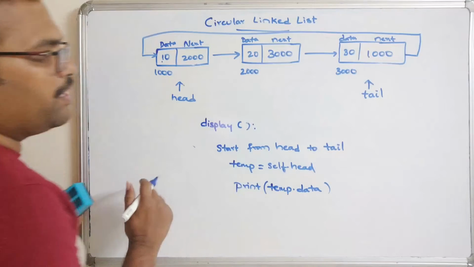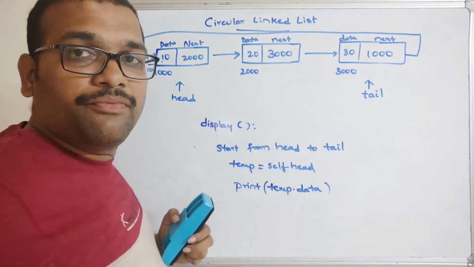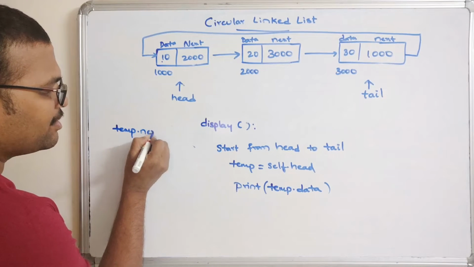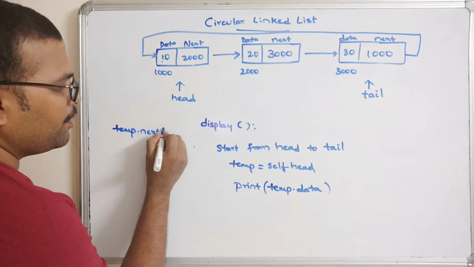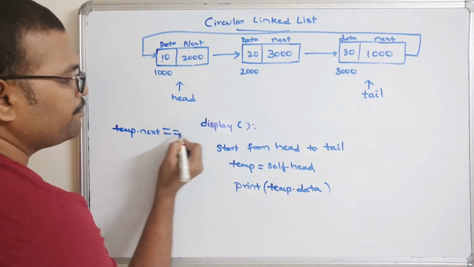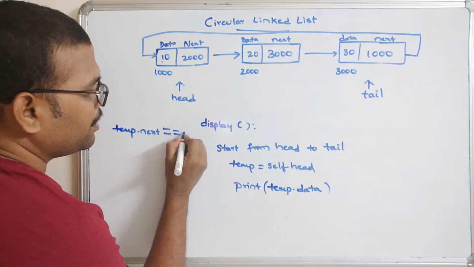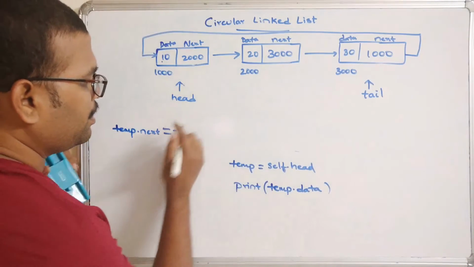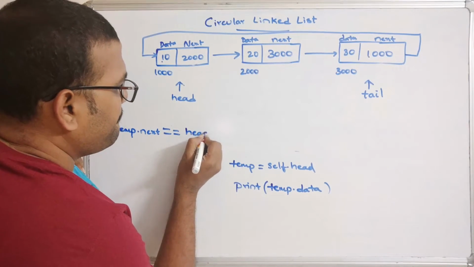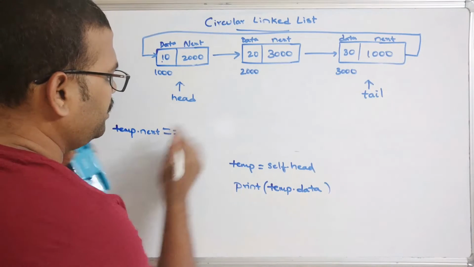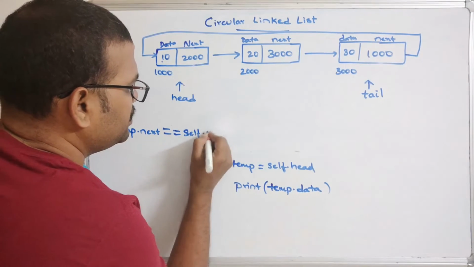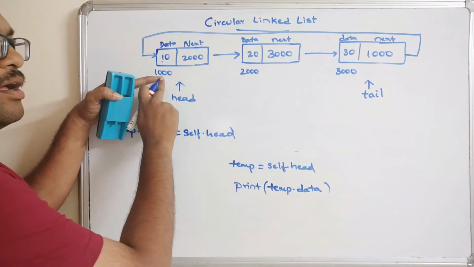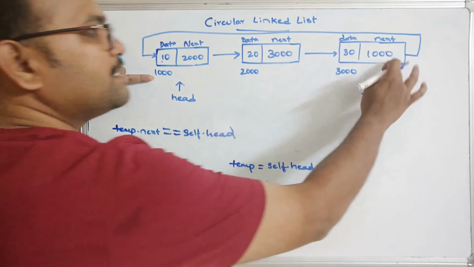So how can we confirm this? Simply check temp.next is equal to self.head. You can observe here that head points to 1000 and temp.next is 1000.